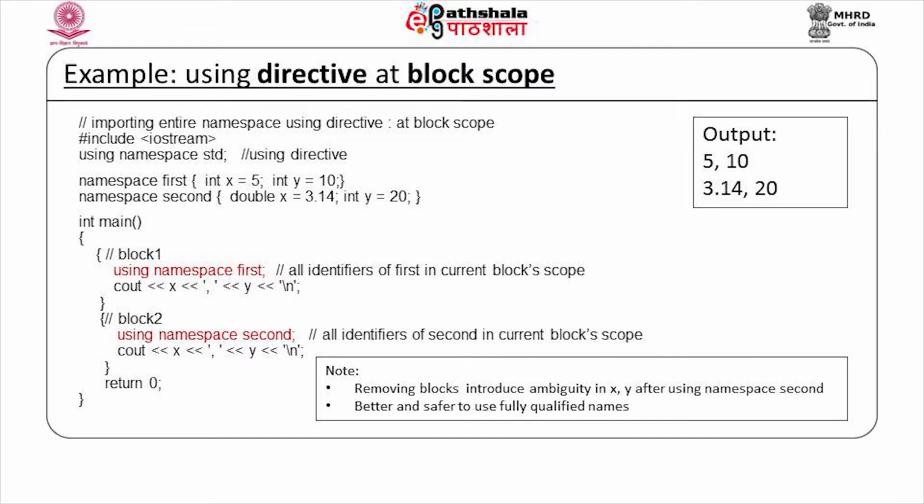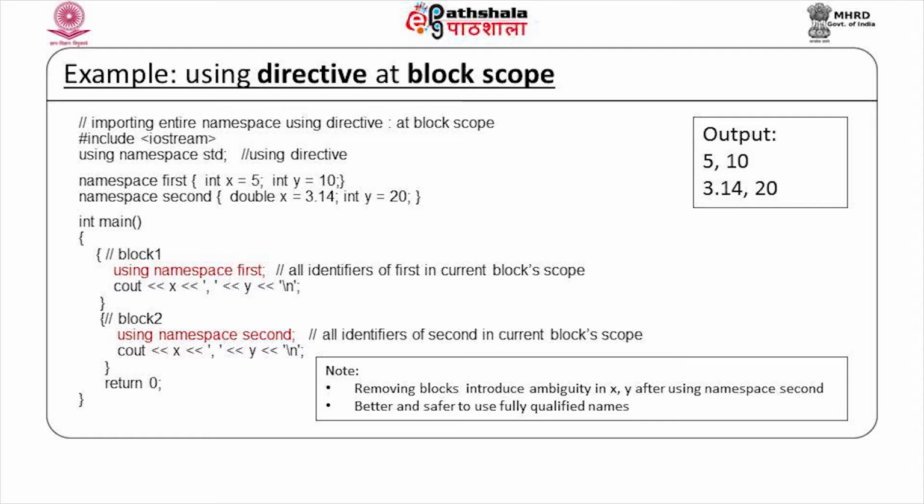When we say using namespace first here, it brings all the identifiers, all the elements of first, into block 1's scope, and therefore, we can use x and y, the elements of first, without even using qualification. Please do remember, we can still use the qualified name. That means I can still use first::x and first::y also. Similarly, in the second block, we have imported the names from the second namespace using the directive.